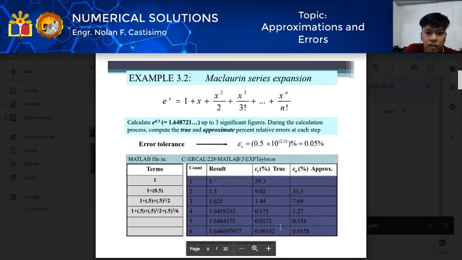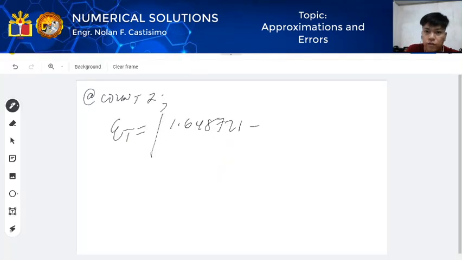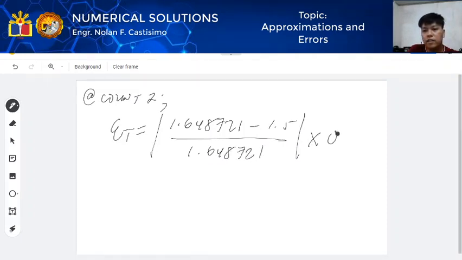And yung na-compute natin doon is 1.5. 1.5 by true value times 100. So equals same thing, 9.02. So, remind ko lang, 3 significant figures.